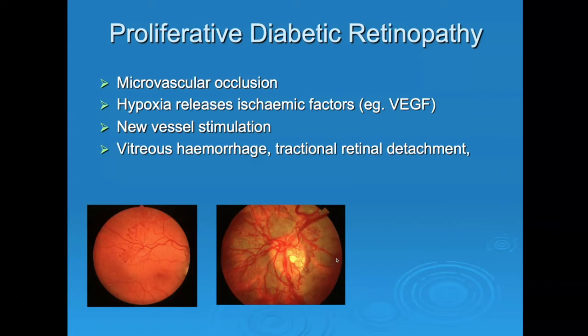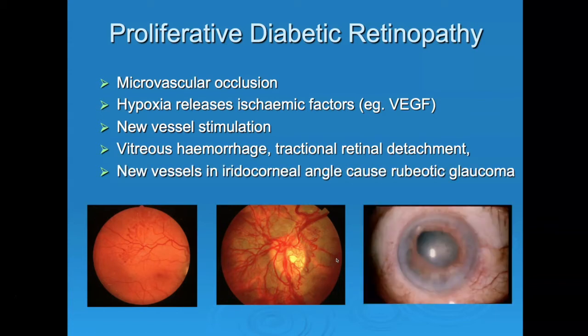Then vitreous hemorrhage and tractional retinal detachment occur. Eventually, new blood vessels can form in between the cornea and the iris, blocking off the outflow of fluid from the eye and causing rubeotic glaucoma, which is another way in which patients with diabetes can go irreversibly blind.